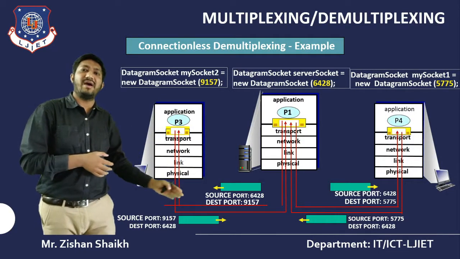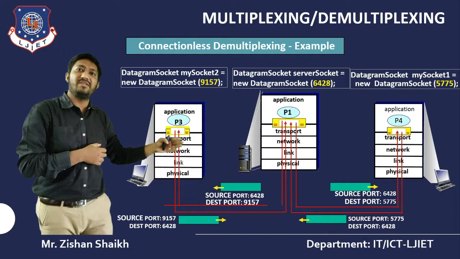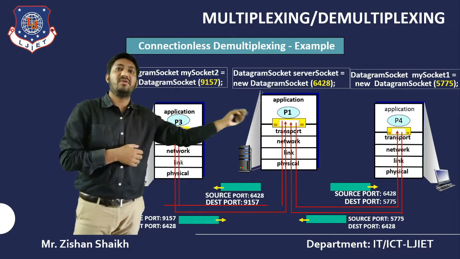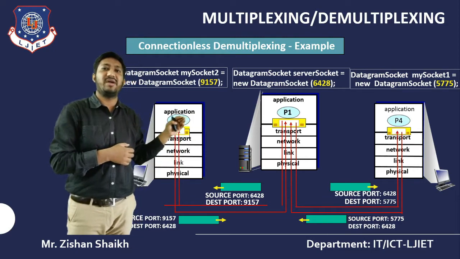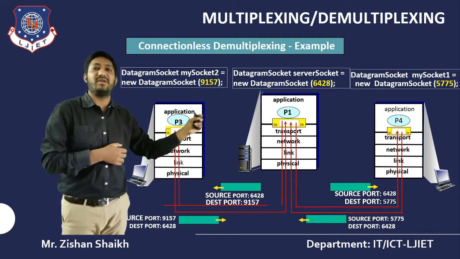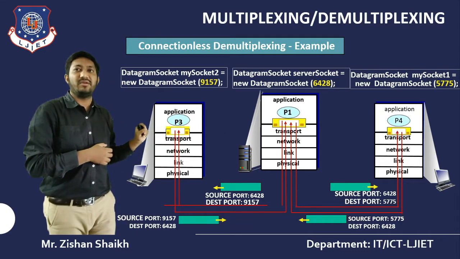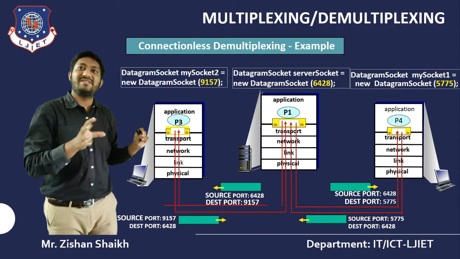All the scenarios are shown in this particular figure. We have applications P1, P3 and P4, three different processes on three different hosts. If P1 wants to send data to P3, what is the basic requirement?